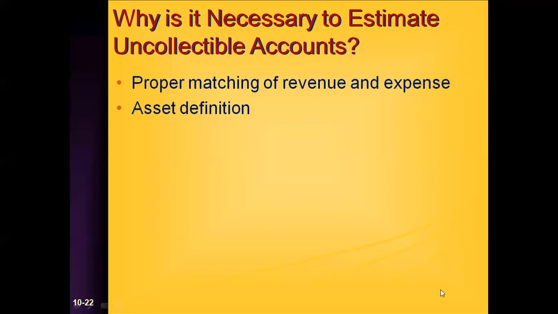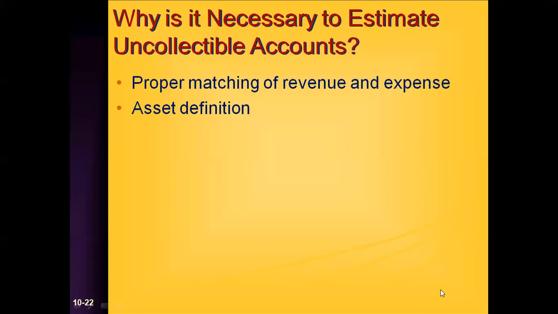We've got to match the cost or expense of allowing credit or charge accounts to the revenue associated with it from those particular credit sales or charge accounts. And we want to make sure this occurs in the same accounting period.